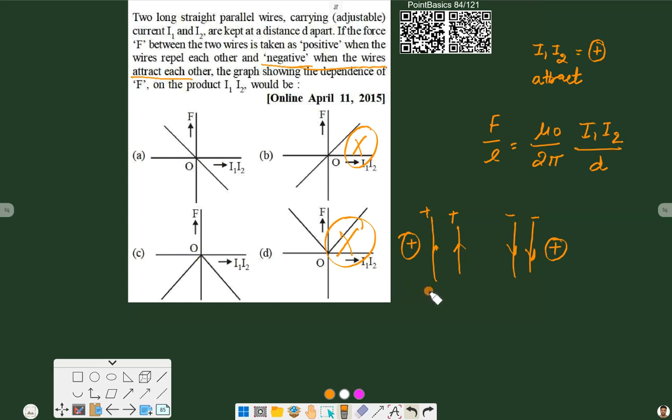Now, when the product of I1 and I2 is negative, their currents are in opposite directions, and they will repel each other, so we take the force as positive. So when the I1 I2 product is negative, the force needs to be positive, and that we find in option A. So option A will be the right answer here.